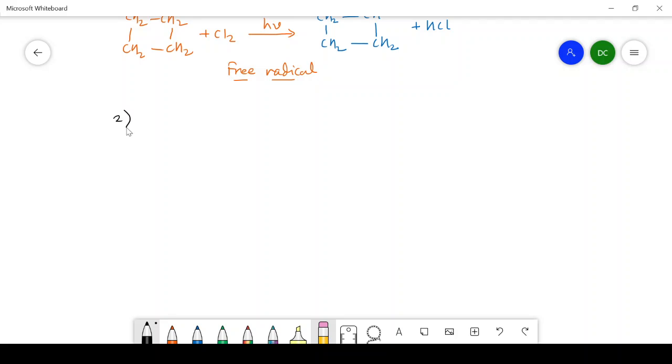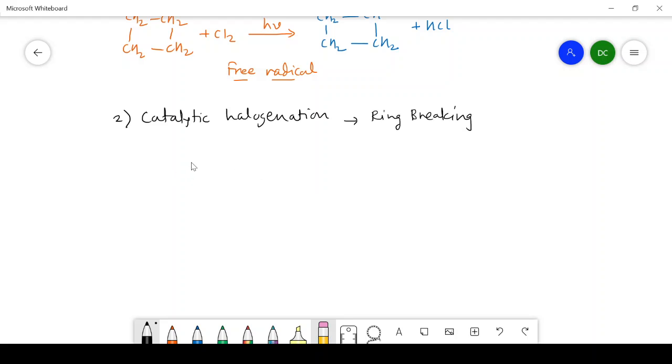Then the next reaction is catalytic halogenation. Second reaction, it is a catalytic halogenation. So it is different from photohalogenation. In catalytic halogenation, a ring breaking occurs. So whatever may be the structure of the cycloalkane, it is going to break into a straight chain.